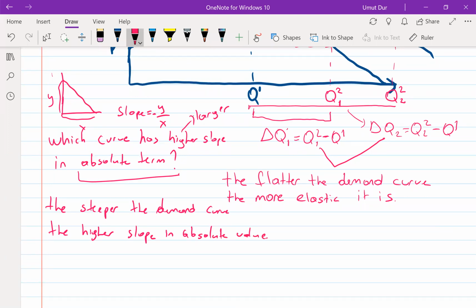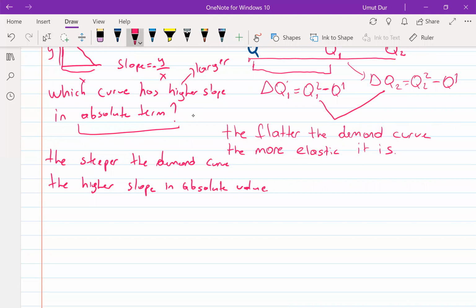And the relation between the slope and the derivative is that 1 over slope is equal to dQ over dP.